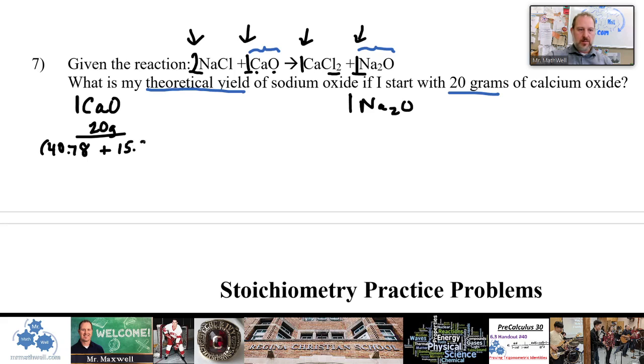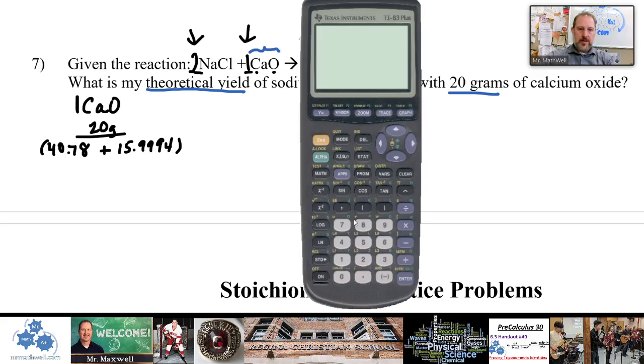Oxygen is 15.9994. So I'm going to find the number of moles: 20 divided by, and I'm going to put my brackets there, 40.078 plus 15.9994.